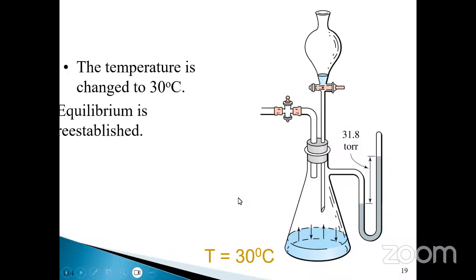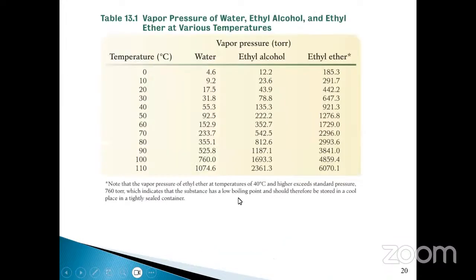And actually, there are tables. Let me just skip through this here. There are tables that have been put together, which give you values for the vapor pressure of water for different temperatures, right? And this is one such table. There are some that are even more detailed because, as you'll notice in this particular table, the temperature increases by 10, but you have some others where they actually give you the values as you increase the temperature by, let's say, 1 degree Celsius, right?